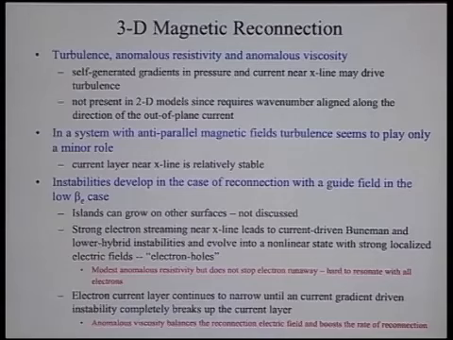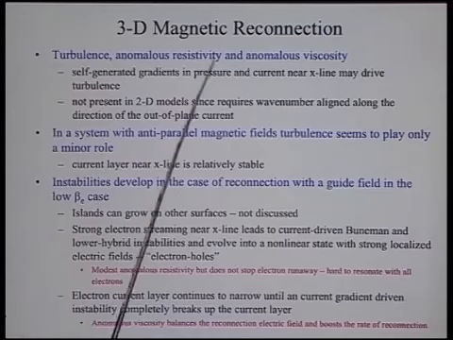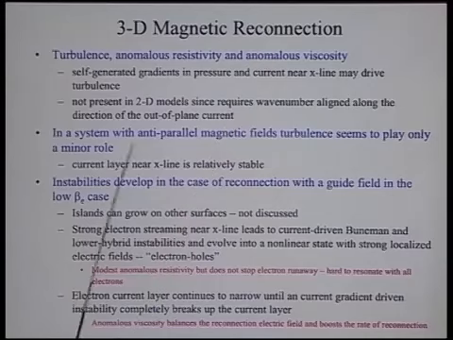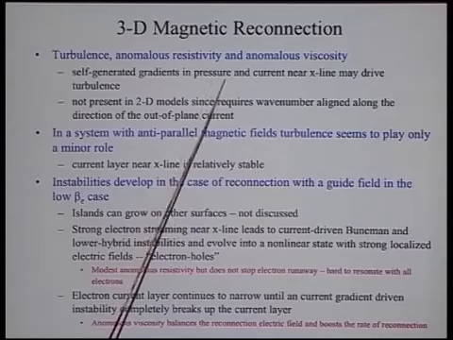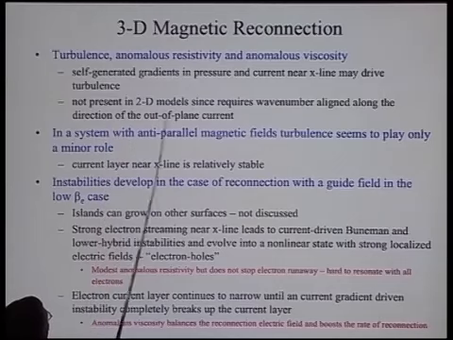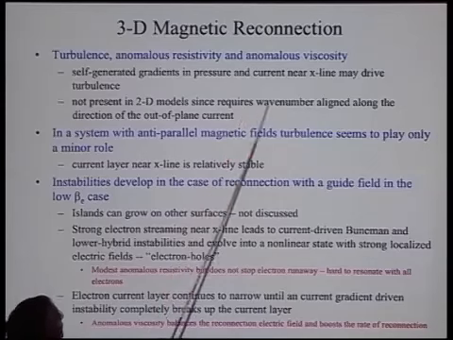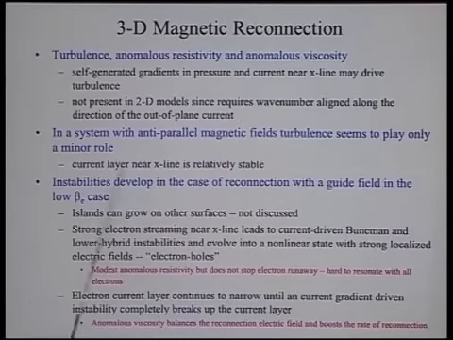Okay, so what we're talking about here is turbulence, whether it produces anomalous resistivity, anomalous viscosity. Pressure gradients could drive turbulence too, the so-called lower hybrid drift instability. You don't see this stuff so much in 2D models, because it's harder to align the wave number along the current in 2D, since the primary current is out of the plane.